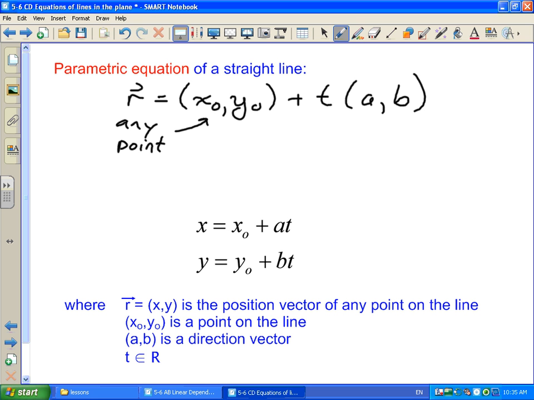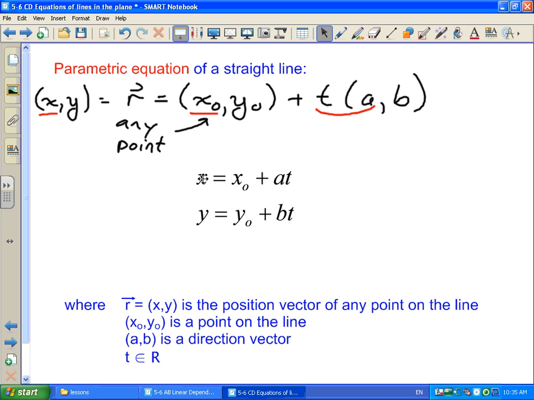This vector here can be represented as the coordinates of any point on this line, xy. So if we break this up into our x components and our y components, for our x components we have x equals x naught plus t times a, or this expression right here. If we look at our y components, I've got y is y naught, and then t times b, for bt.